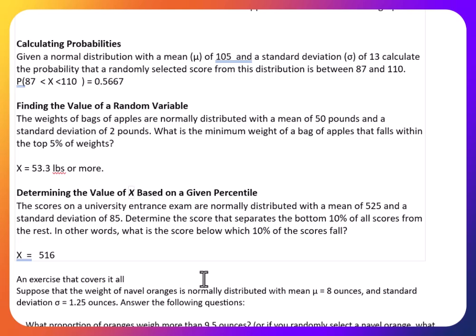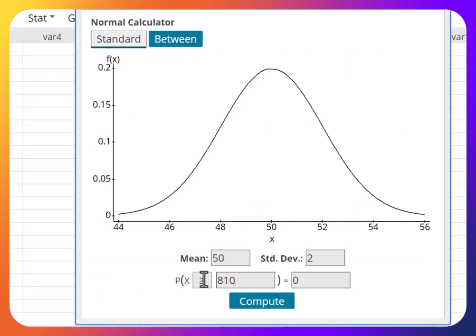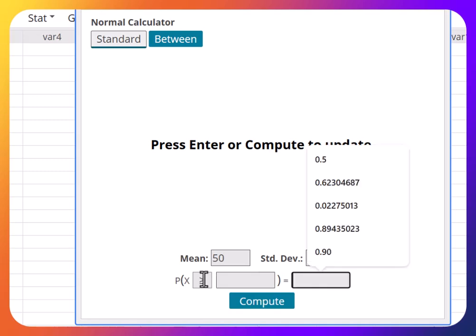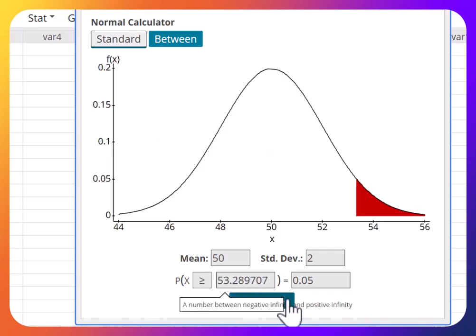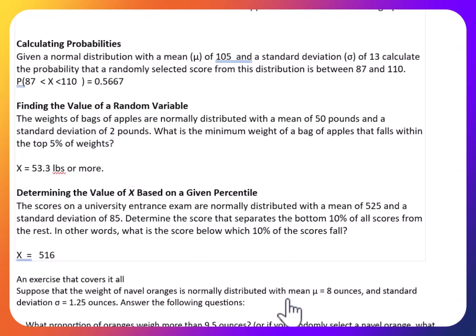Top 5% means the heaviest weights, so it's going to be an area to the right. We're just going to go to StatCrunch. Since he gives me the area and wants x, this is going to be blank right here, and 5% is going to be right there. You're going to see the answer appear right here: 53.3 pounds. So that's what I put.